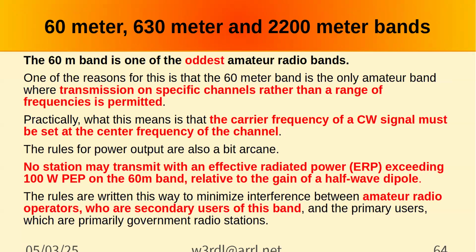I guess the 630 and 2200 are also channelized. Does that show up on the chart? It does not indicate that they're channelized. Okay. But we are secondary users on those also, so those same rules apply. You have to not interfere.